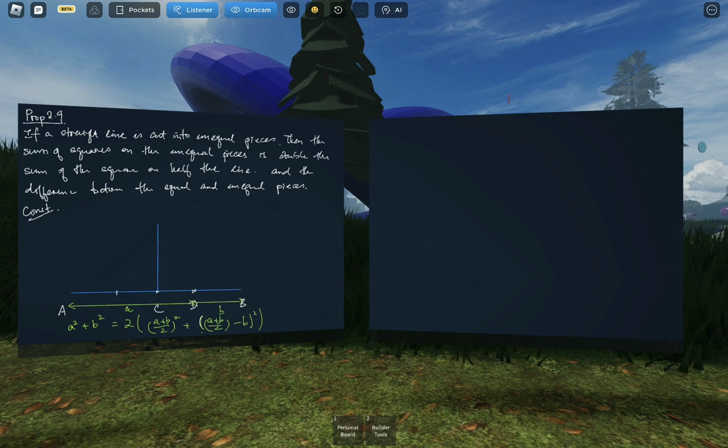There are various propositions that allow us to do this. These are propositions 1.11 and 1.3. So proposition 1.11 lets us construct this perpendicular line.